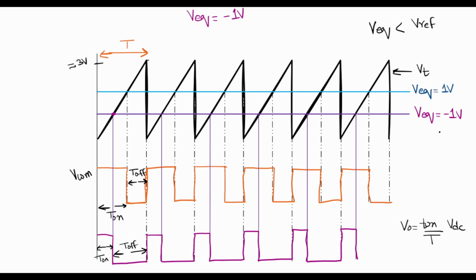Since the error in this case is negative, which in other words means that the sensed voltage is greater than the reference voltage, T on is decreased by the controller so as to reduce the output voltage and bring it closer to the reference voltage. So this is classical negative feedback control, and I hope this explanation was clear to you.